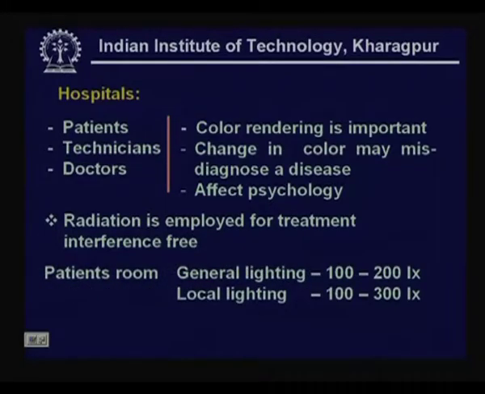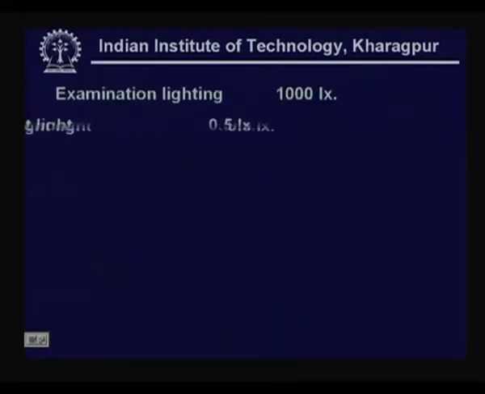So considering all this, in a patient's room one has general lighting varying from 100 to 200 lux, whereas local lighting required for the technicians and doctors is around 100 to 300 lux. Luminance at no point should be greater than 350 cd per square meter.